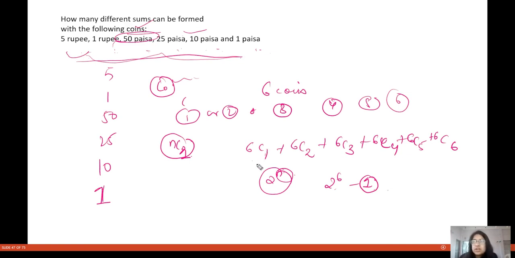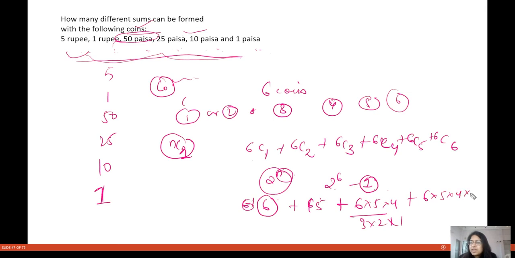This will become 6 only, right? This will become 15. This will become 6 into 5 into 4 divided by 3 into 2 into 1. This will become 6 into 5 into 4 into 3 divided by 4 into 3 into 2 into 1, and so on. So this is how you can do these kinds of questions.